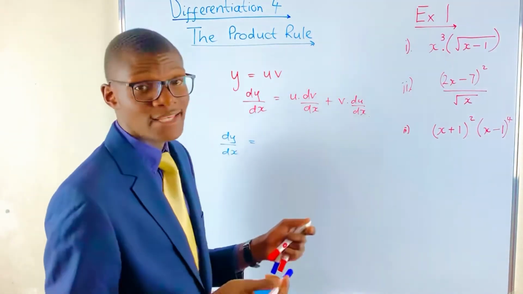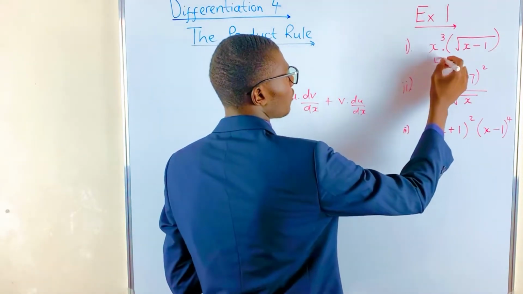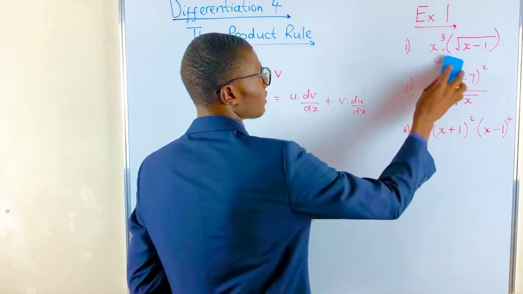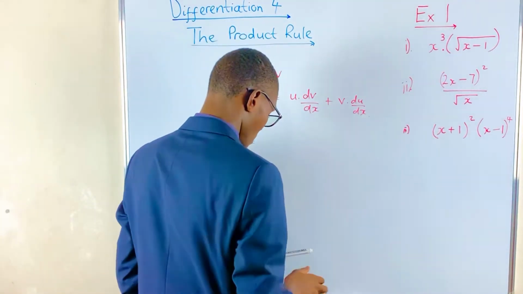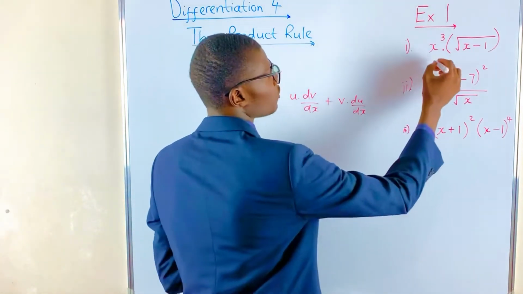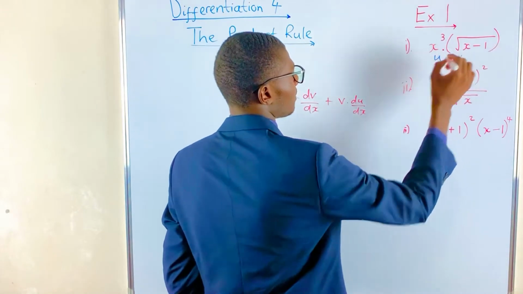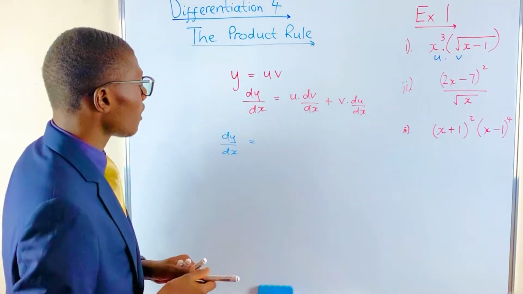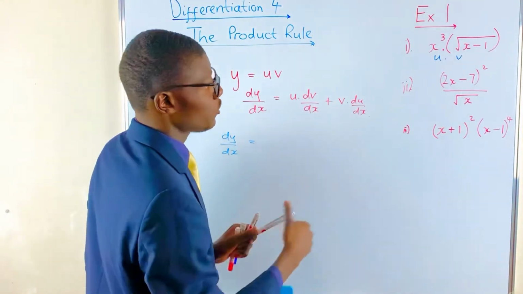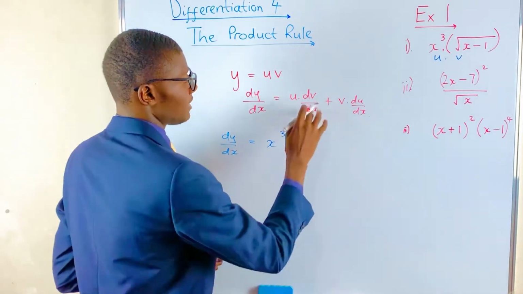We make x to the power of 3 our u, and root of x minus 1 our v. So dy by dx is equal to u, which is x to the power of 3, times dv by dx.